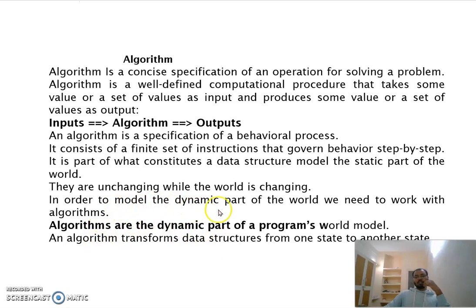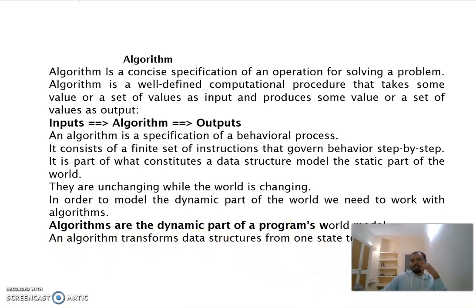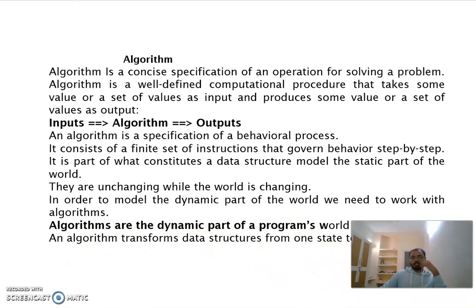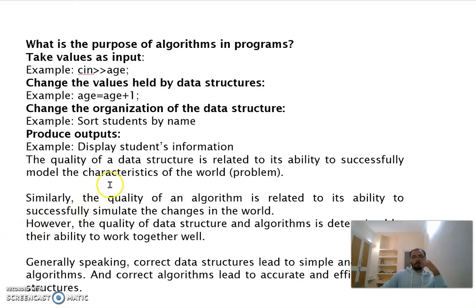In order to model the dynamic parts of the world, we need to work with algorithms. Algorithms are the dynamic parts of the program. In the world model, an algorithm transforms a data structure from one state to another state. That's nothing but an algorithm.